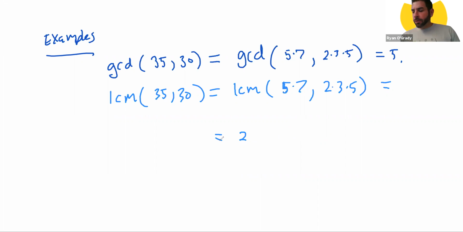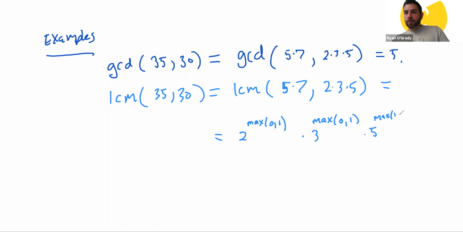So what are the powers? In the first number, is there a power of 2? No, right? Is there a power of 2 in this number? Yes. So we're going to note the powers of 2 are 0 and 1. Then what about 3? Is there a power of 3 in the first number? No, so it's 0, and there's 1 power in the second number. And then 5, we have a power in each.